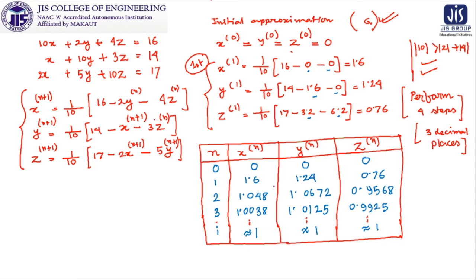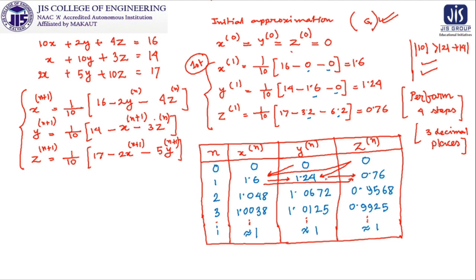And just what I was saying some time before, this 1.6 is coming from these two calculations, but this 1.24 is coming from these two pieces of information, and this 0.76 is coming using these two, and so on.